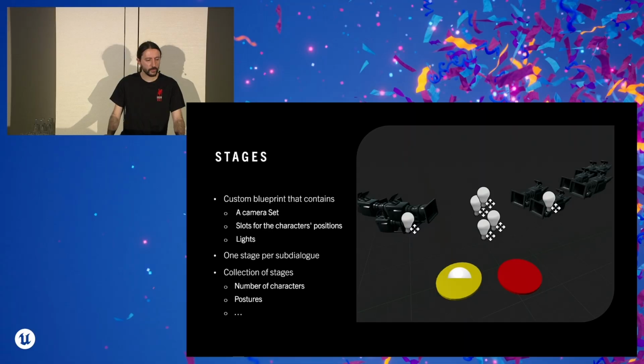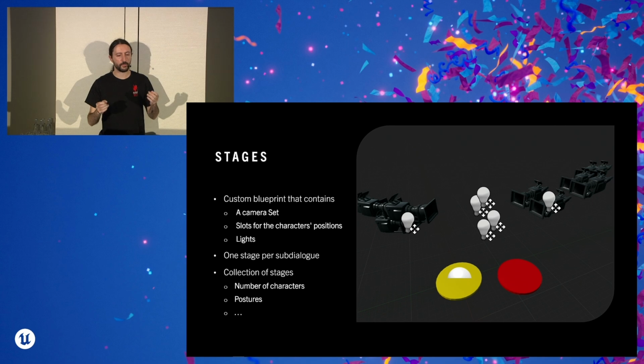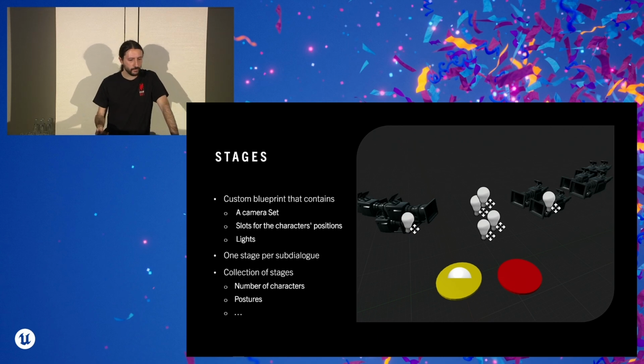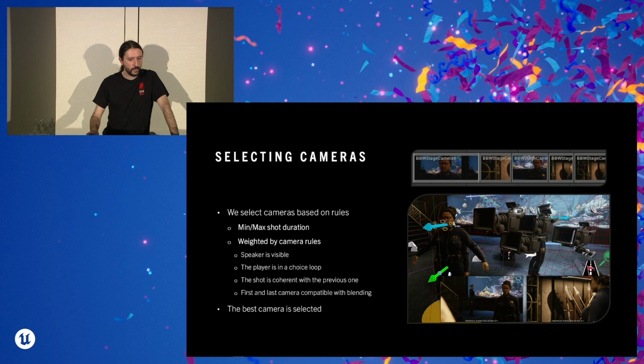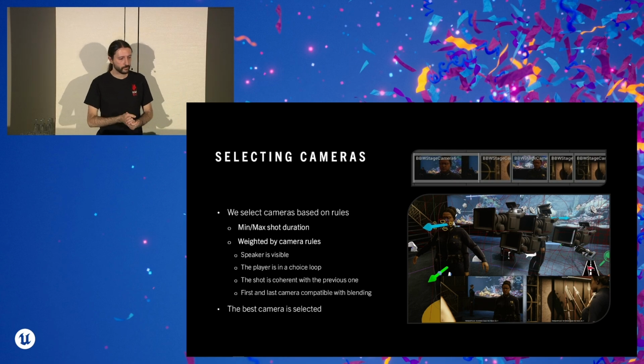So we have a collection of stages in Swansong, so depending on the number of characters or the posture, maybe we have one with lower cameras because we know that the NPC will be sitting or anything, so you can choose from the collection. So now that we have a camera set to choose from, we can select our cameras.